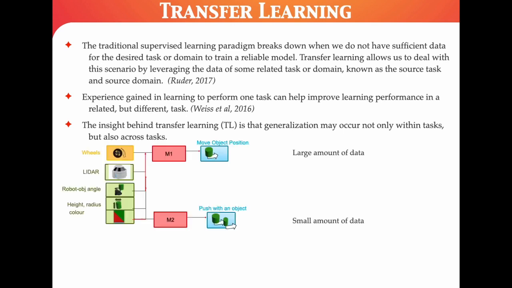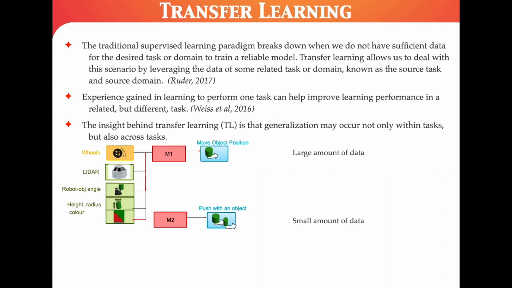If we look at how the robot can control its wheels with the sensor data from its LiDAR and other cameras, it can learn a first model to move an object position and use the same raw data to push an object with another.